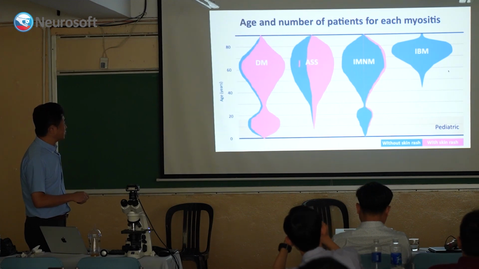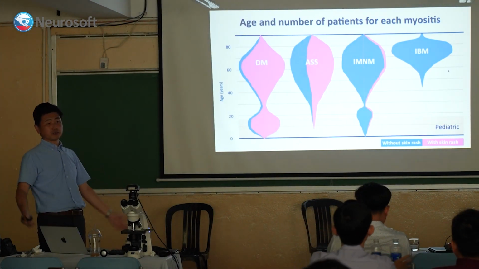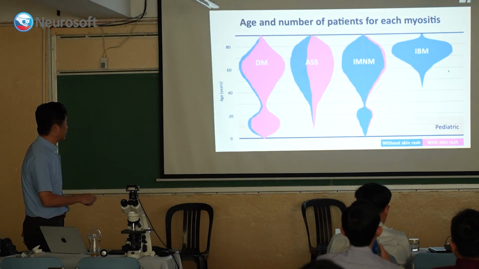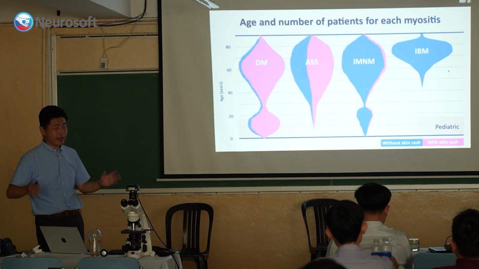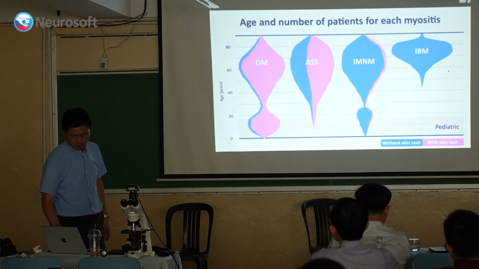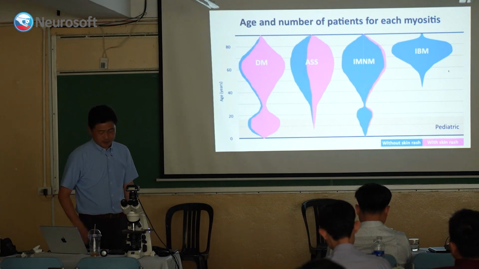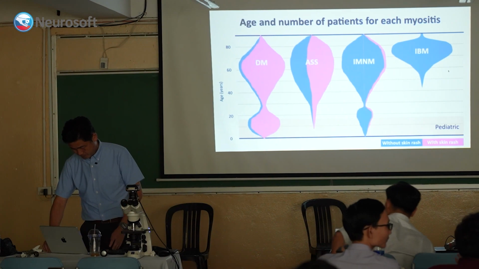Again, those without skin rash may be clinically diagnosed just as polymyositis, and those with skin rash may be diagnosed with dermatomyositis, but they have totally different disorders. So this is a very important point. Okay, that's it.